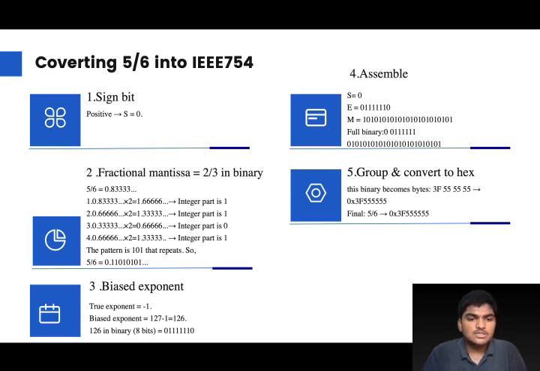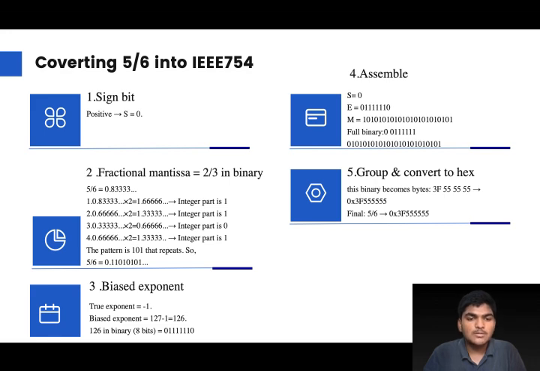Again 0.666 times 2 is 1.333. The pattern 101 repeats. So 5 by 6 equals 0.11010101. Write this in scientific format: 1.101010 times 2 power minus 1.